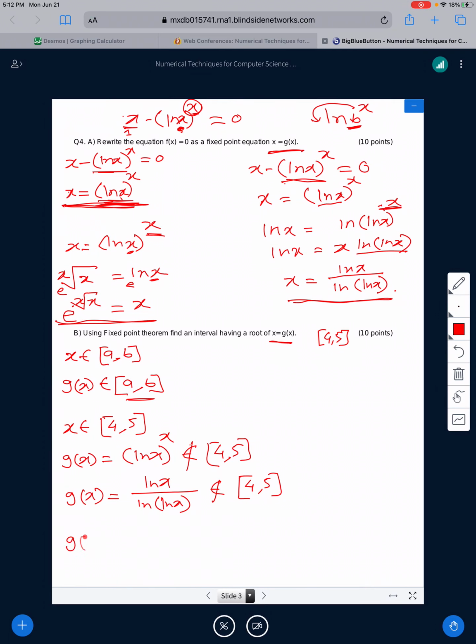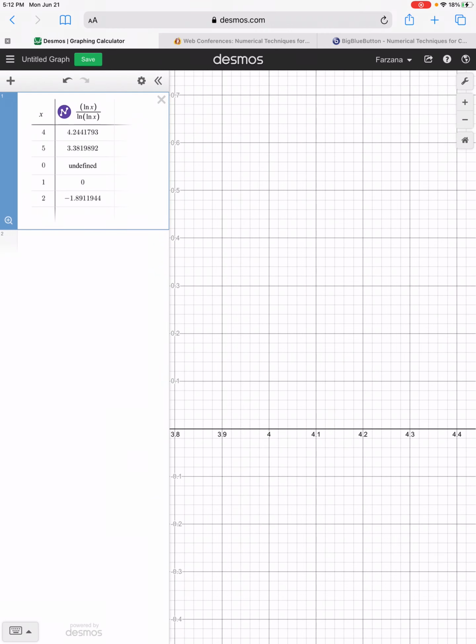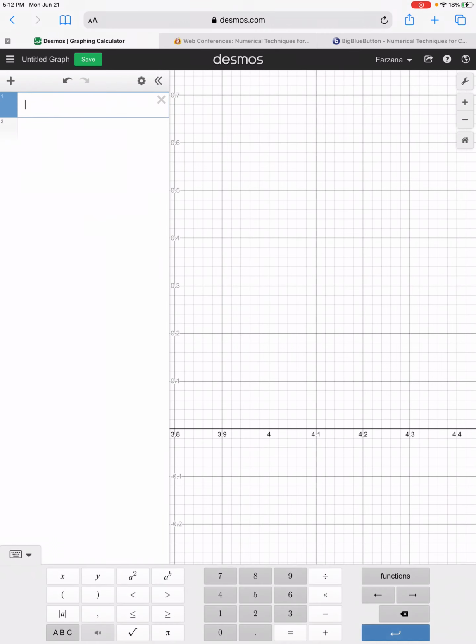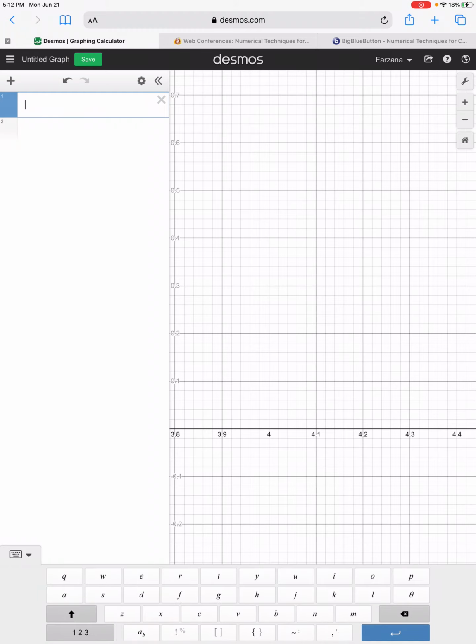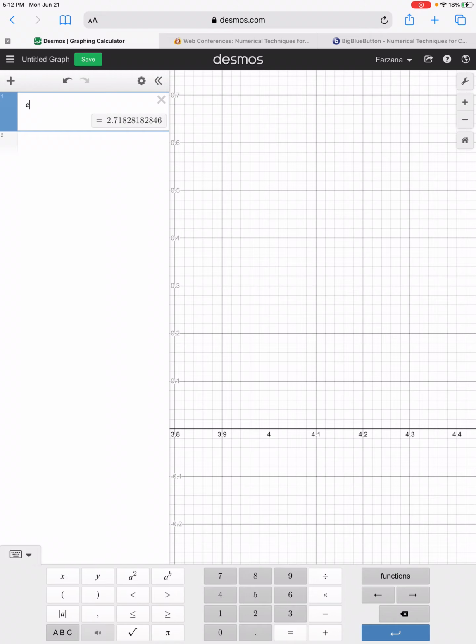Let's check for the third function, e to the power x root of x. Okay, so what will happen on this one? e to the power x root, which is x to the power 1 over x.